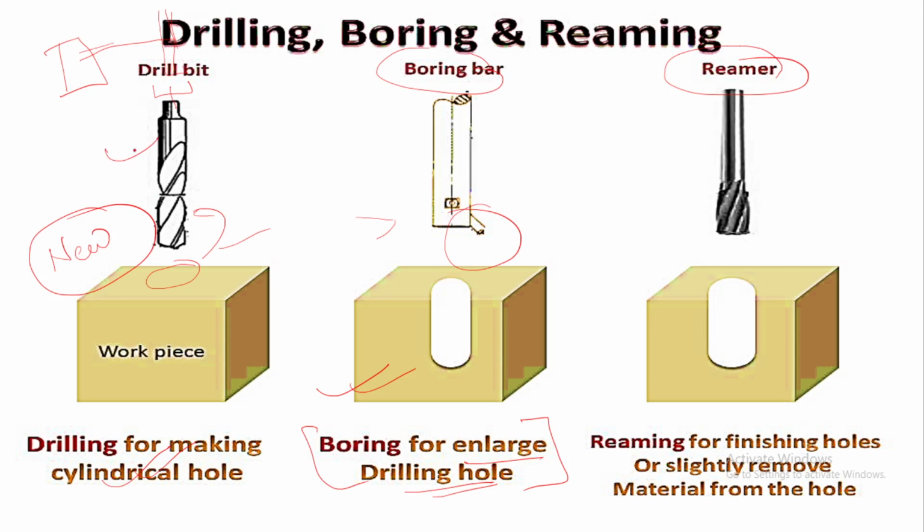Here a two-point cutting tool will be used in case of drilling, in case of boring single point, and here you can see a multi-point cutter will be used, and reaming is basically used for finishing the hole. It slightly removes the material from the hole.